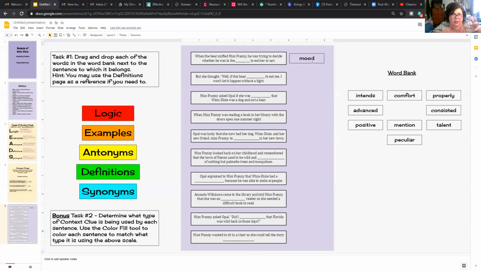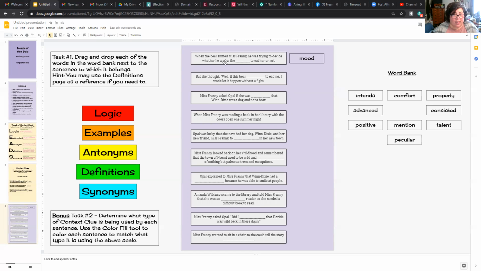Now we can narrow it down by process of elimination, because there are no synonyms, there are no antonyms, no opposite words. There really isn't a definition. It's just using the words to figure out what that one word is, and there aren't any examples. So that would lead us to believe that it is logic.